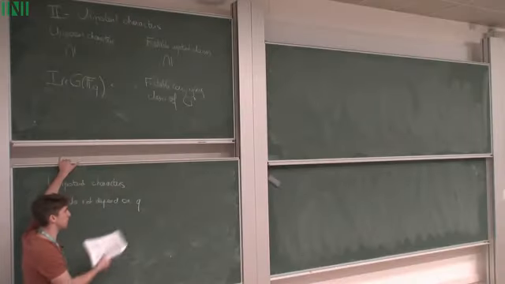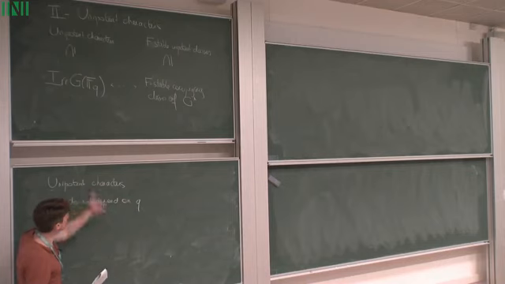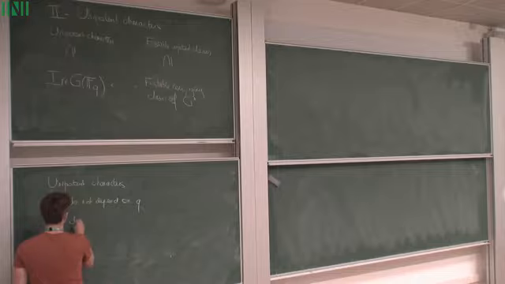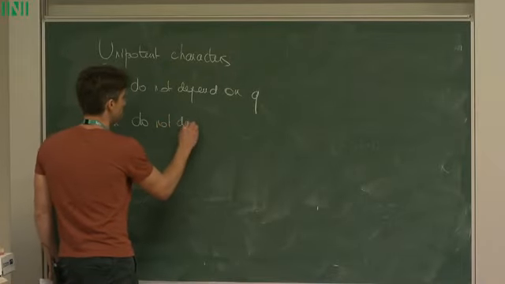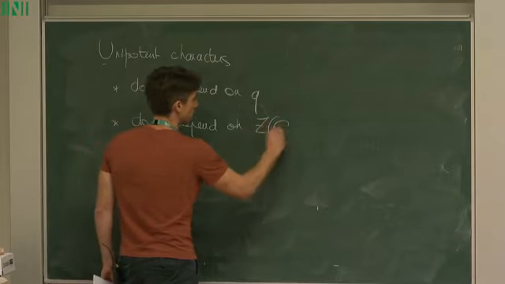They've been classified. I'm going to show you part of the classification. The root system together with the Frobenius. There is still this extra data that comes from the Fq structure. And also, like the unipotent classes, they do not depend on the center of the reductive group.